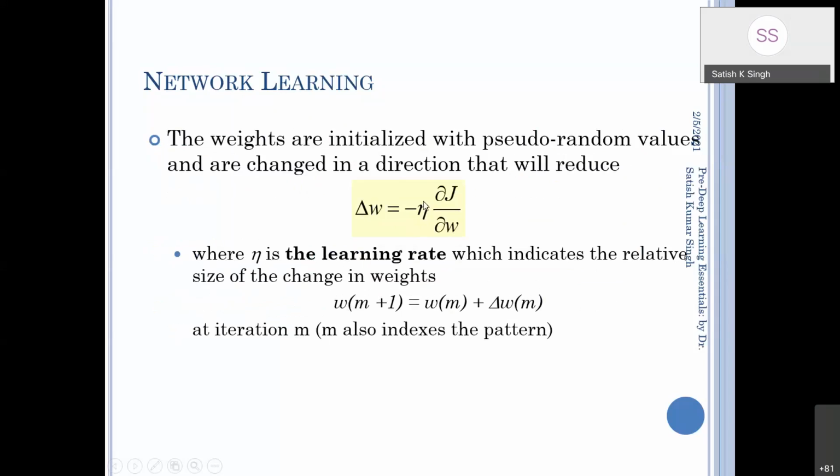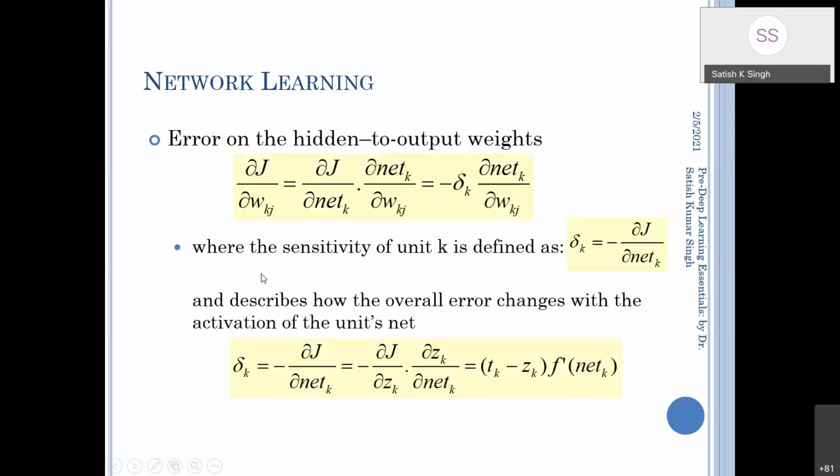If eta is more, delta W will be more, whether positive or negative, meaning whether we need to increase or decrease the weight depends on the value of eta. The error on hidden to output weights is defined as del J by del W_kj, where k is the output, j is the hidden, and i is the input.